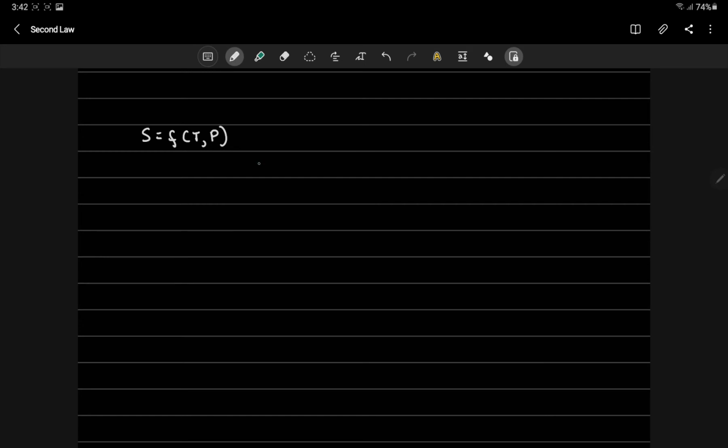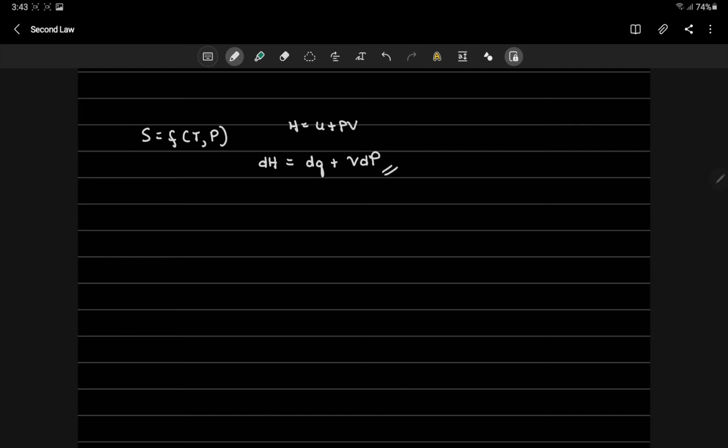So, remember the expression for enthalpy, diba? dH equals dQ plus VdP. If you want to recall paano nangyari yan, well, balikan nyo na lang yung definition ng enthalpy, which is U plus PV, right? And do the differentiation to get at this point. But anyway, let's just start with that.